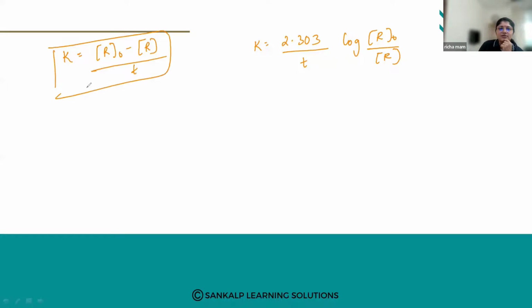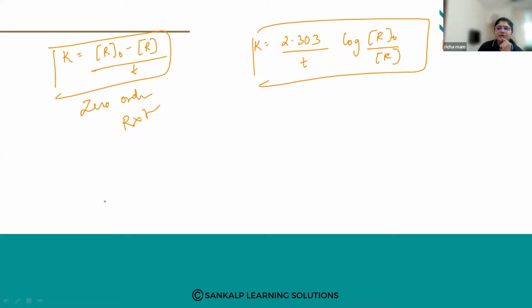This is for zero order reaction, and this is for first order reaction. Then in the first order reaction, equation 2 was ln R equals minus kt plus ln R naught.